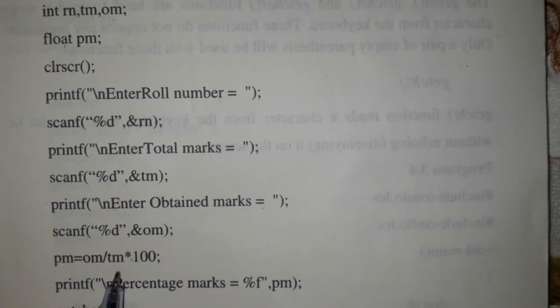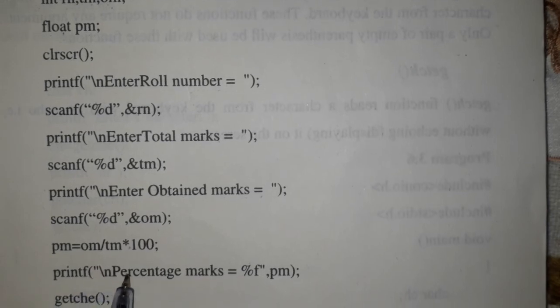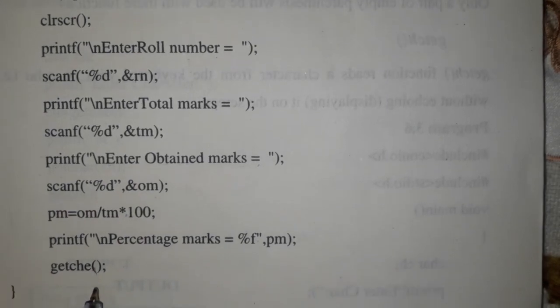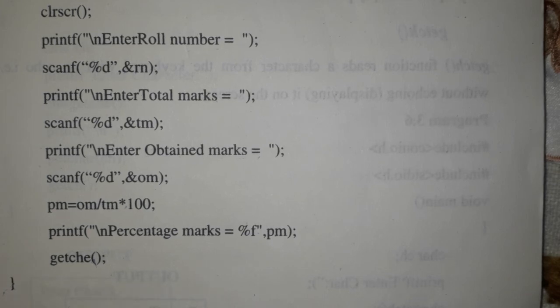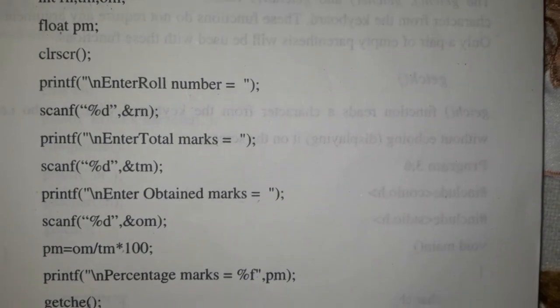So the scanf function is used to get obtained marks and assign it to variable om. Then percentage is calculated through this formula, and printf is used to display the percentage. Since percentage is in floating point, that's why %f is used to display the percentage in floating point data type.